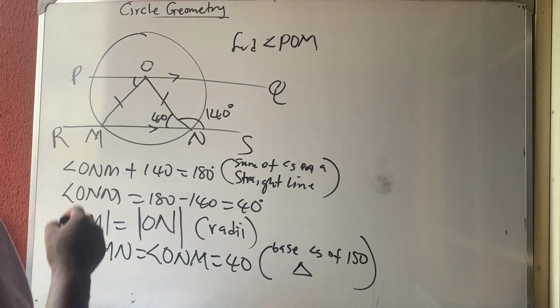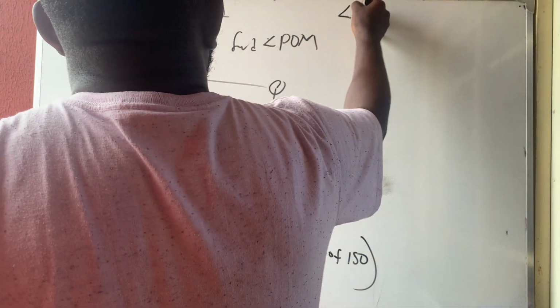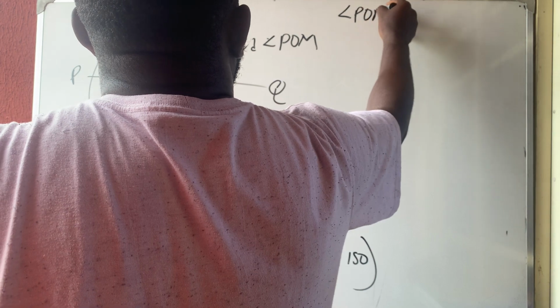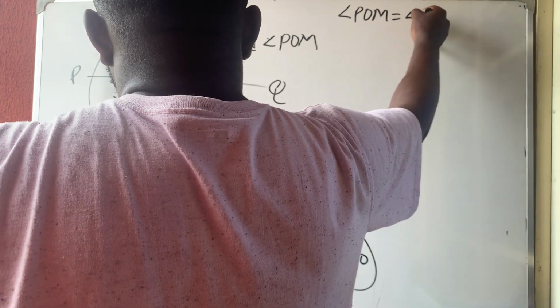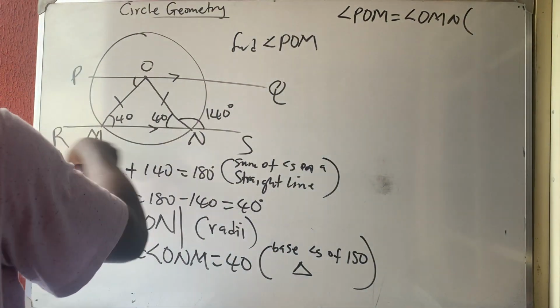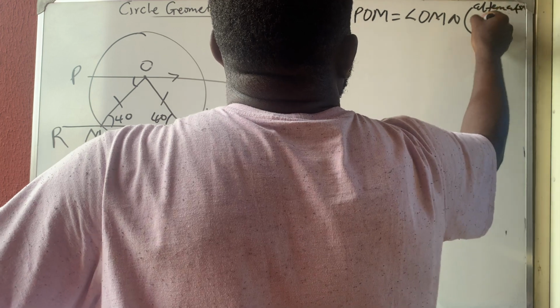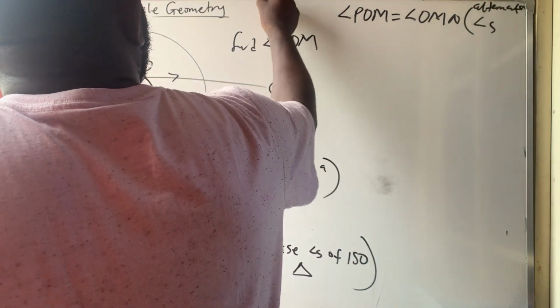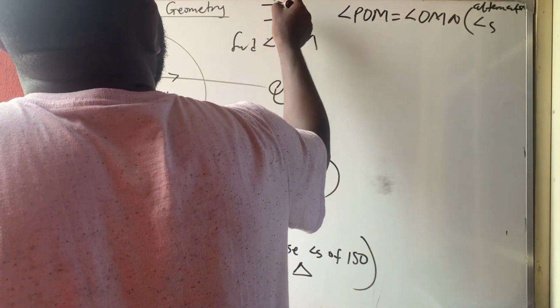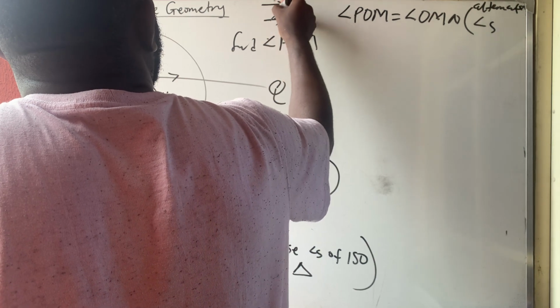So since you have gotten here to be 40, do you know that here is 40? Angle POM I'm looking for must be equal to angle OMN. And my reason is they form Z, alternate angles. The alternate angle here, they must tell you that here is parallel to here before you say that they form the Z. So here must be equal to here.